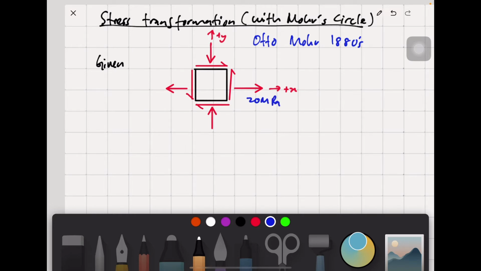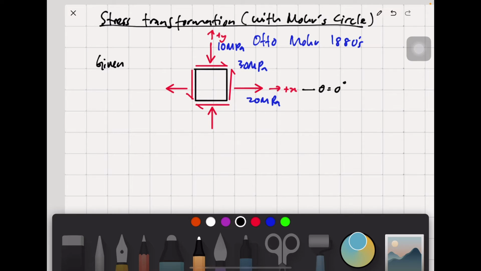We have 10 megapascal downward, and last but not least, we have 30 megapascal for the shear stress of our stress element. And on the x-axis it is theta equal to 0 degrees, which is the reference axis for our stress element.